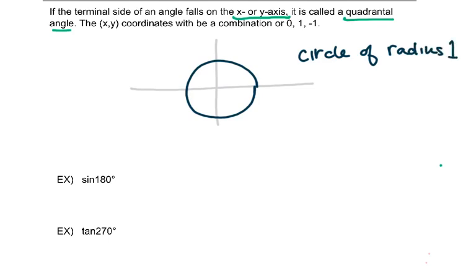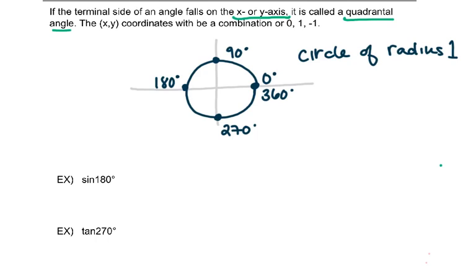If I have a circle of radius 1, and we think about these 4 points that would be on these quadrant edges, we'd have 0 degrees, 90 degrees, 180 degrees, 270, back to 360, which is coterminal with 0.